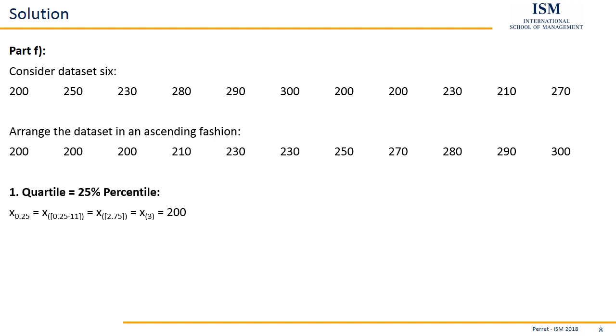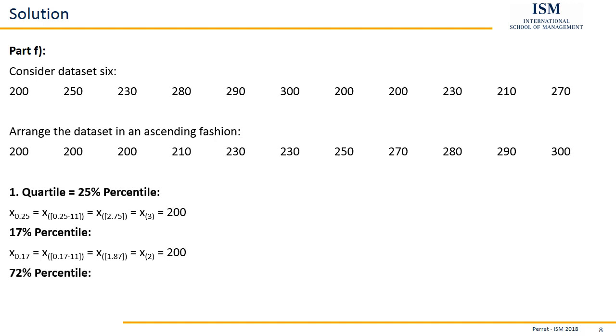Again, we do not have to check the 17% percentile because 200 is the lowest number, so here we will also get 200. But if we calculate this, 17% times 11 gives us 1.87, rounded up is 2, and at the second position we have again 200.